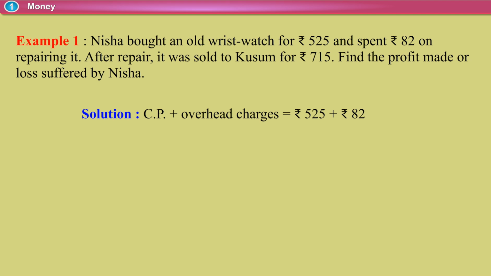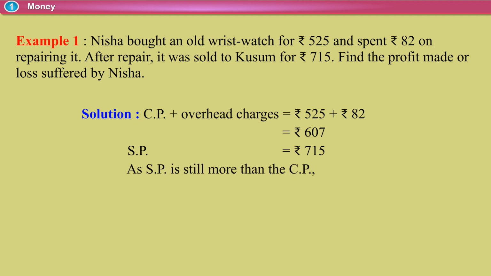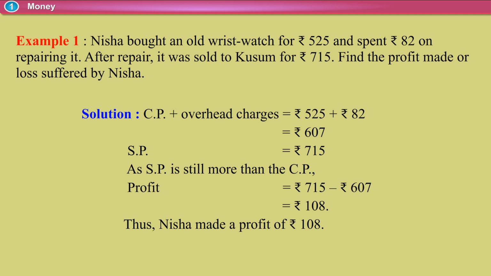Solution: CP plus overhead charges is equal to rupee 525 plus rupee 82, which is equal to rupee 607. SP is equal to rupee 715. As SP is more than the CP, profit is equal to rupee 715 minus rupee 607, which is equal to rupee 108. Thus, Nisha made a profit of rupee 108.